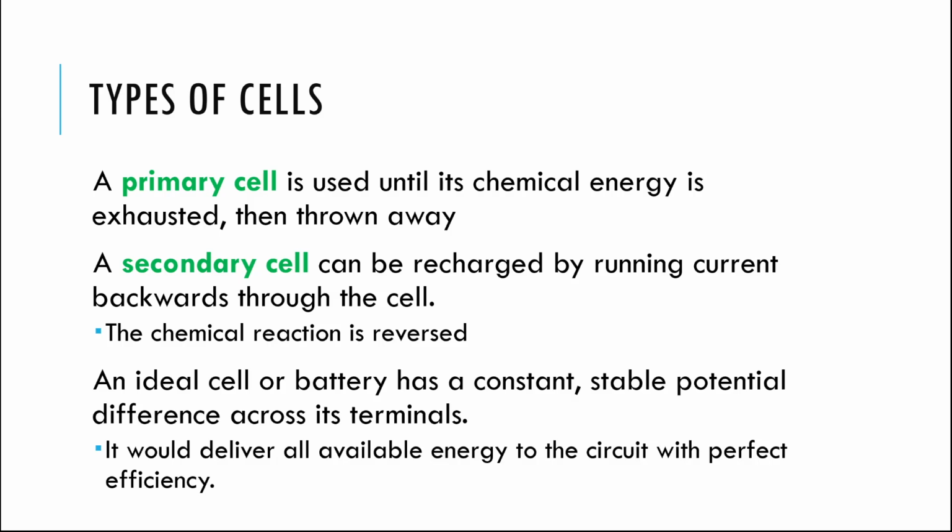We've done some practice already where we talk about an ideal battery. We'll talk about non-ideal cells and batteries now. An ideal battery just means it has a stable, constant potential difference across its terminals, the two prongs of the battery. It also means that it would always have perfect efficiency.